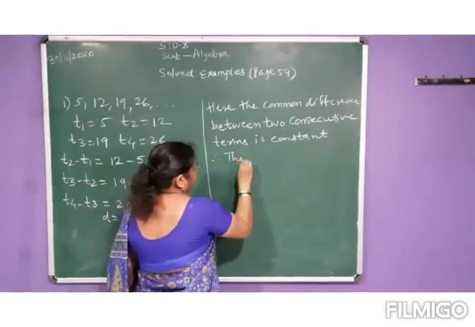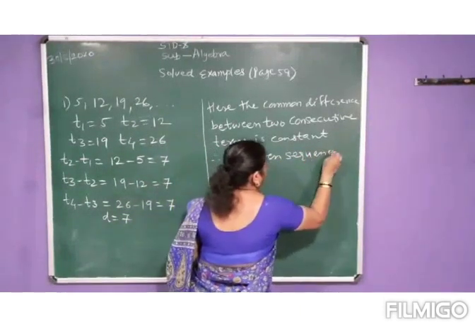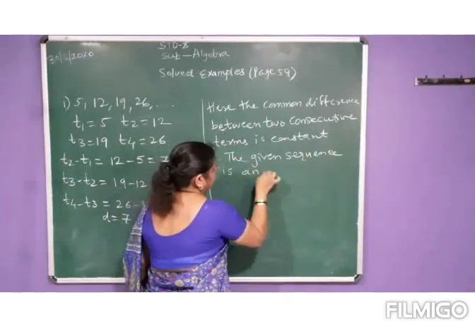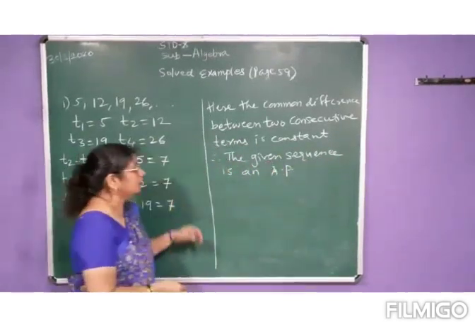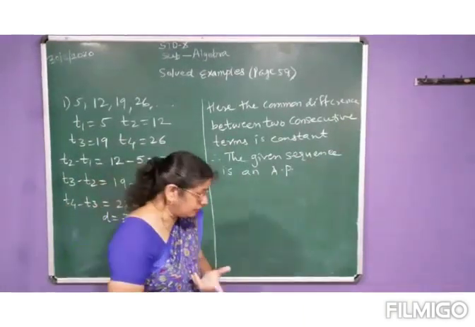Therefore, the given sequence is an AP. Now, this is an AP. So, now we have to find out the next two terms.